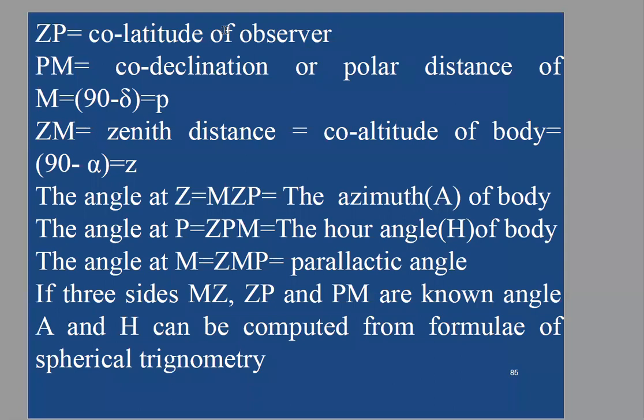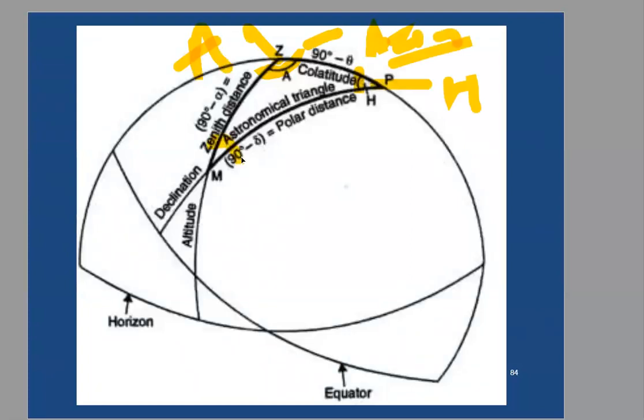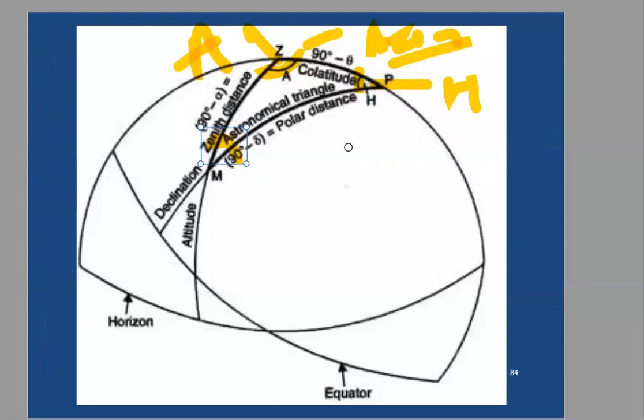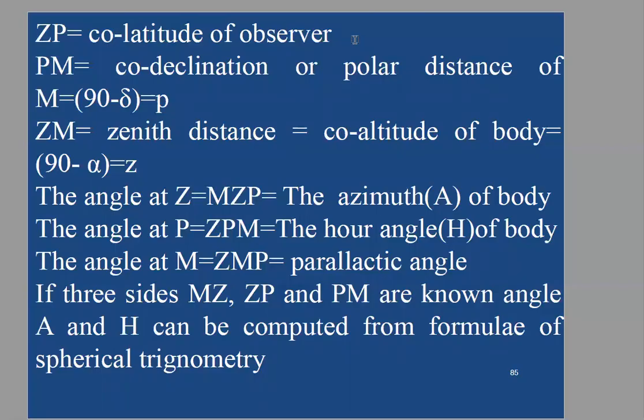The third one is the parallactic angle, that is at M. So if the three sides, that is MZ, ZP, and PM, are known, the angles A and H can be computed using the formulas of spherical trigonometry.